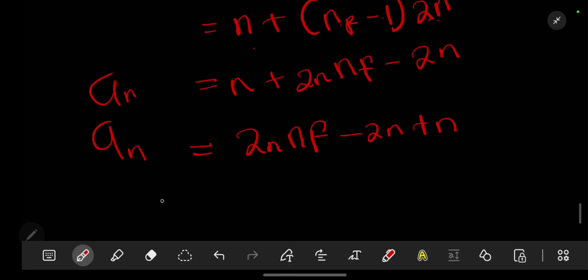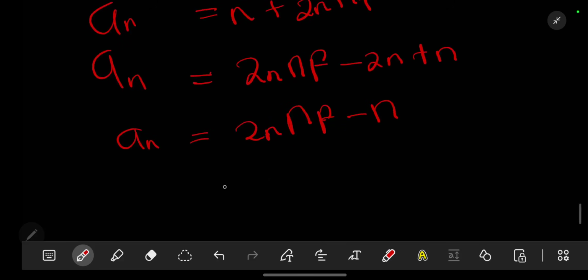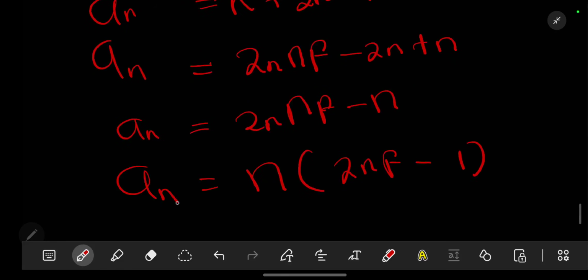So the nth term will be equal to 2n n_f minus n. From here, factorize: n is common, so we have n times (2n_f minus 1). So this is the nth term.